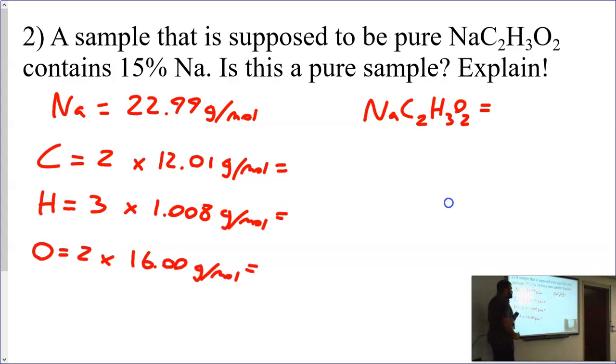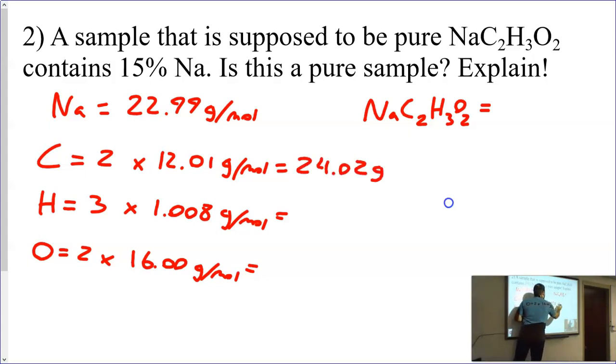Okay? So let me punch all this in, right? I have 22.99 from the 1 sodium. This is going to give me 24.02 grams. This is going to give me 3.024 grams, and this is going to give me 32.00 grams.